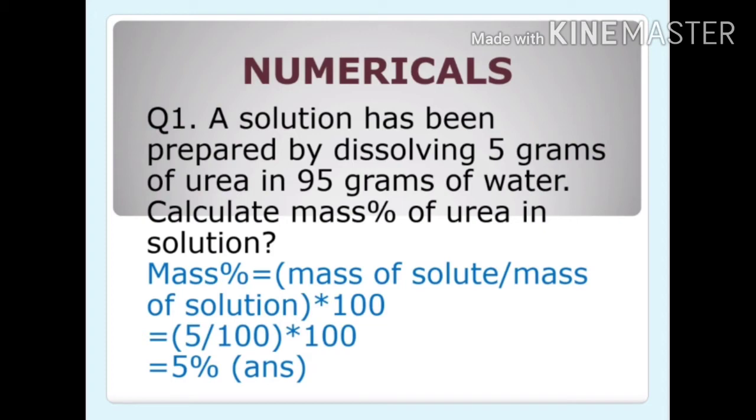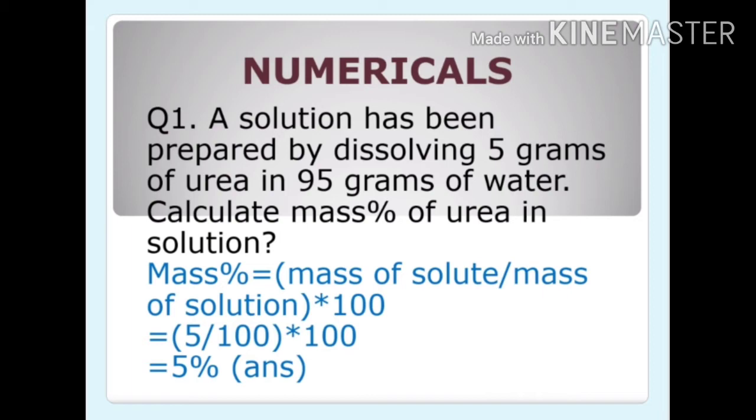अब एक और चीज, mass of solution हमें नहीं पता है, तो मैंने आपको starting में बताया था जब मैं solution आपको पढ़ा रही थी, that solution क्या होता है, solute plus solvent, और इस question में हमें दोनों given हैं, 5 gram solute plus 95 gram solvent. तो 5 plus 95 is equal to 100.